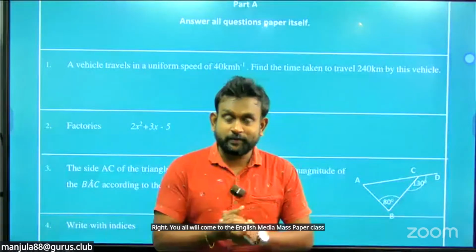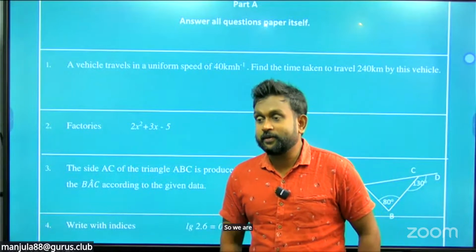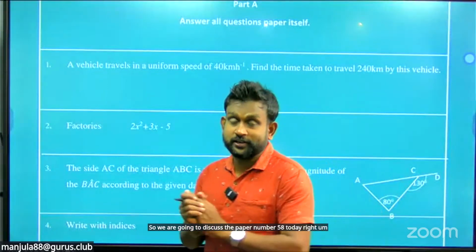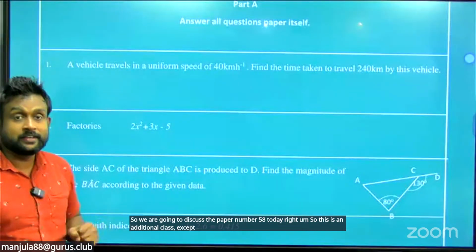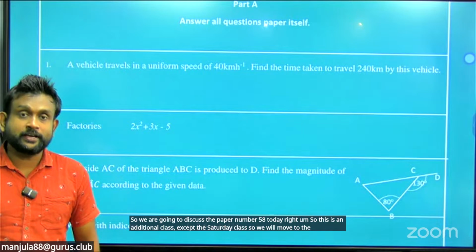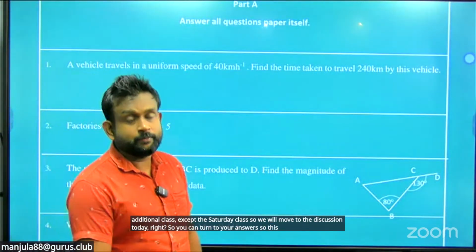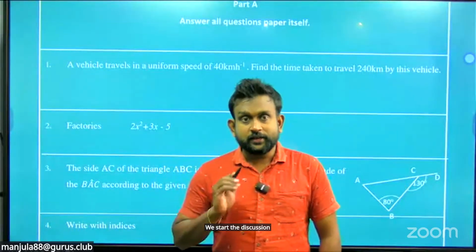So we are at paper number 58. We are going to discuss paper number 58 today, right? This is an additional class, except the Saturday class. So we will move to the discussion today. You can turn to your answers. This is paper 57, and this Saturday we start the discussion of paper 58.